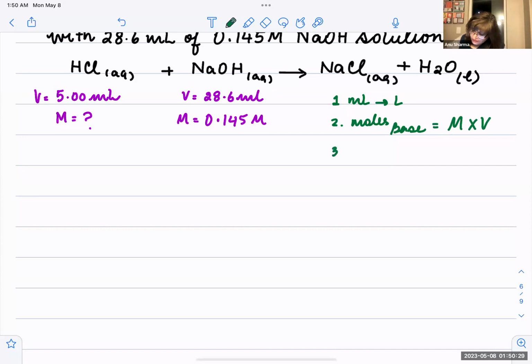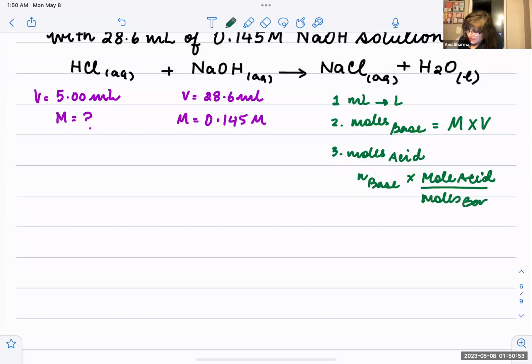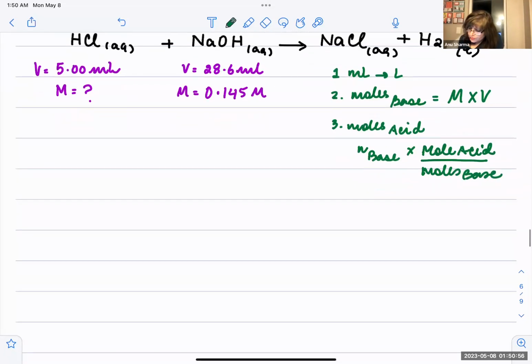Next, using the mole to mole ratio, find the moles of the acid, based on the balanced equation. You take the moles of the base times the mole to mole ratio, moles of the acid over the moles of the base.